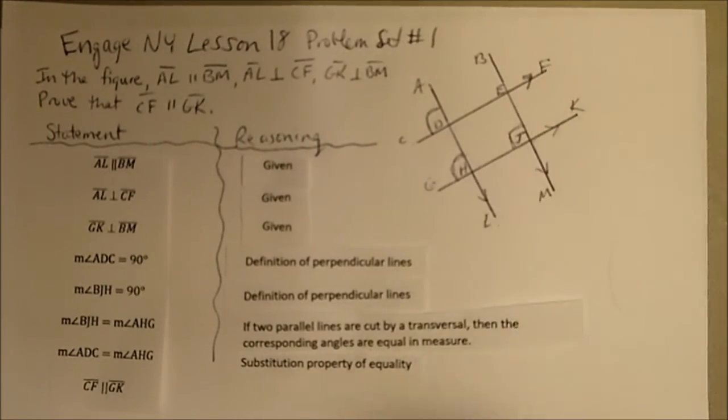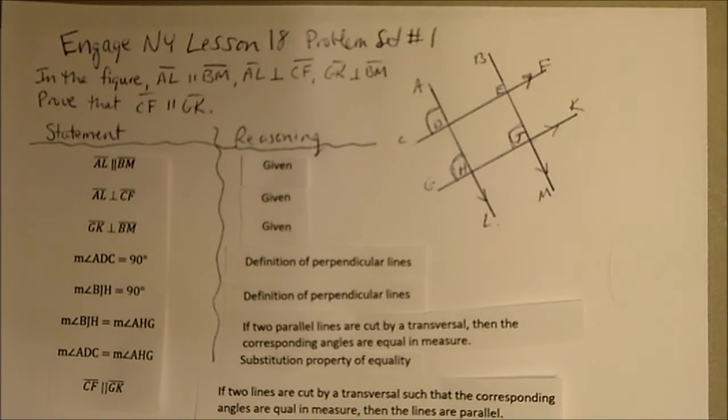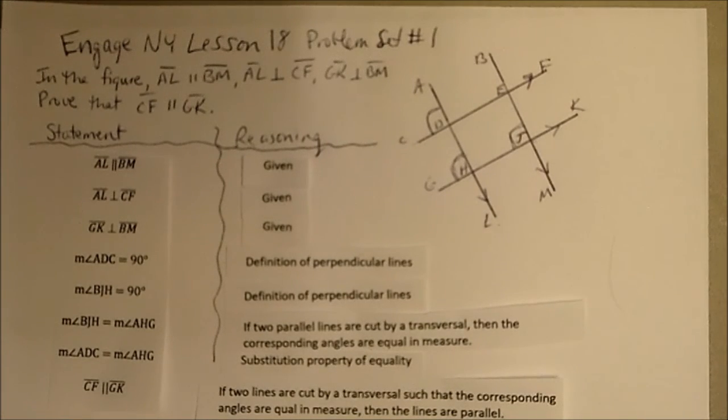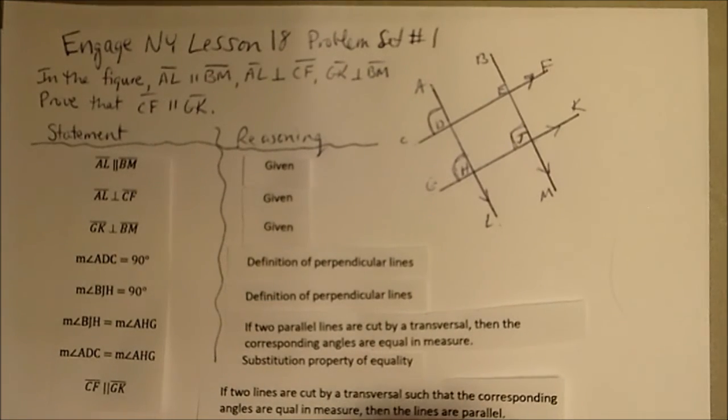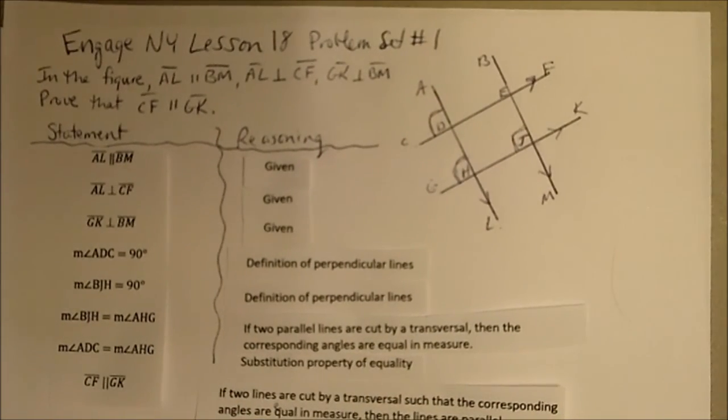So it's basically the converse of the corresponding angles theorem that we know: if two lines are cut by a transversal such that the corresponding angles are equal in measure, then the lines are parallel. So CF is parallel to GK.